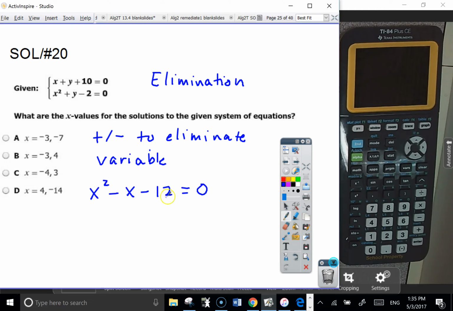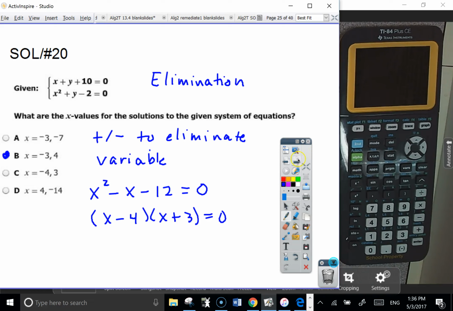Right, so how do I solve that? I mean, the easiest thing to do is factor, right? x minus 4 times x plus 3. So the answers are -3, +4. Right, if you don't remember how to do that, I mean, you're not good at factoring, remember the app. You know, the app will get that for you.